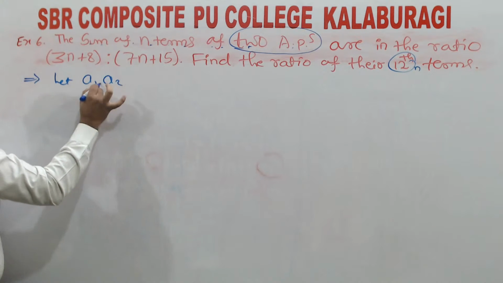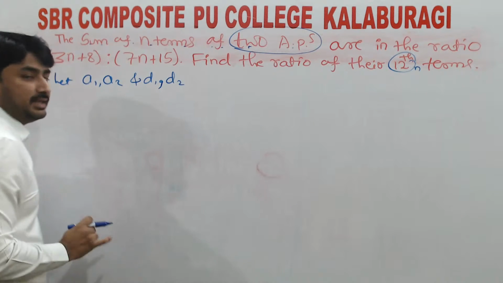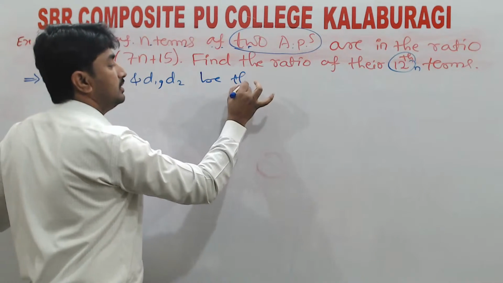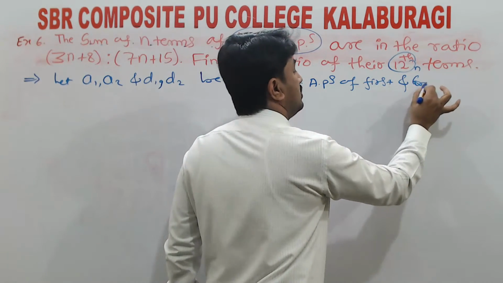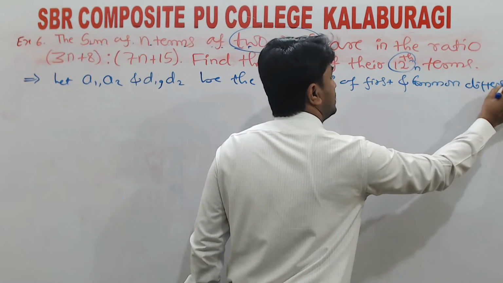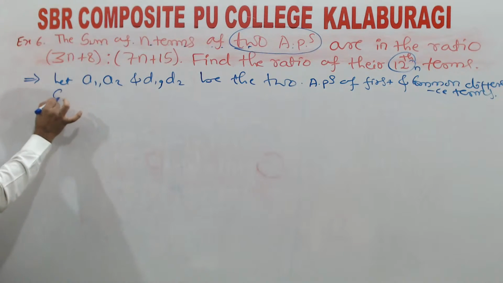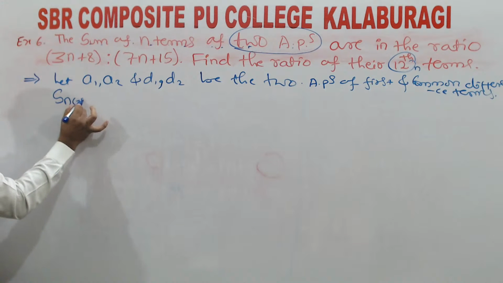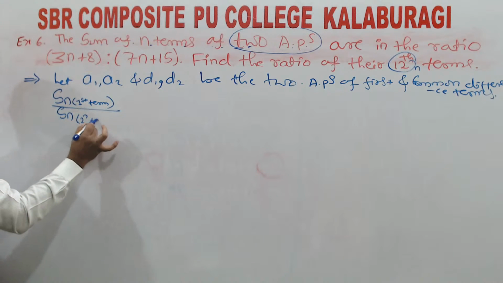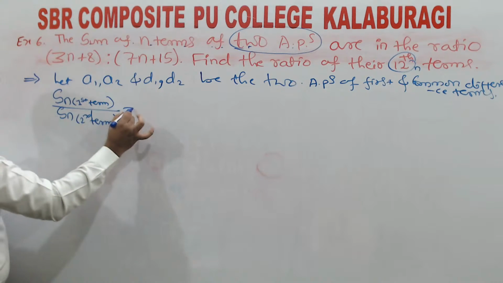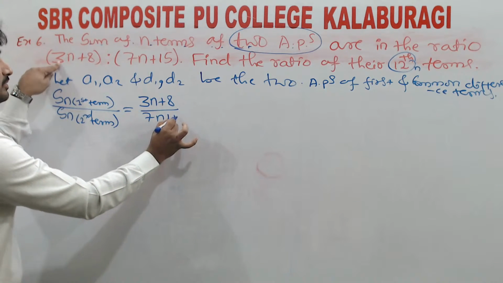Let a1, a2 be the first terms of the two APs, and d1, d2 be their common differences. The ratio Sn of the first AP divided by Sn of the second AP is equal to 3n plus 8 divided by 7n plus 15.